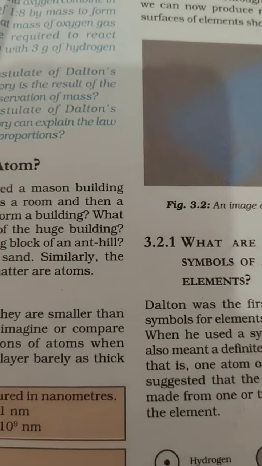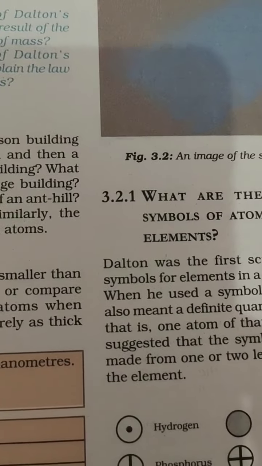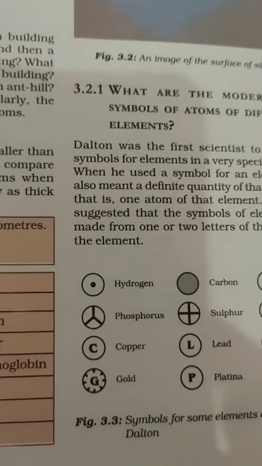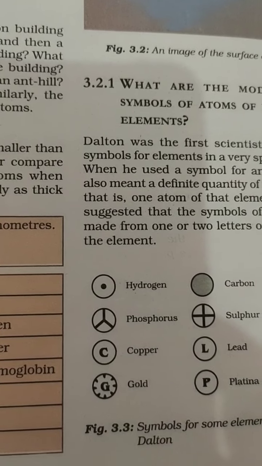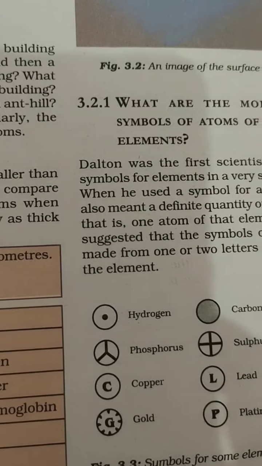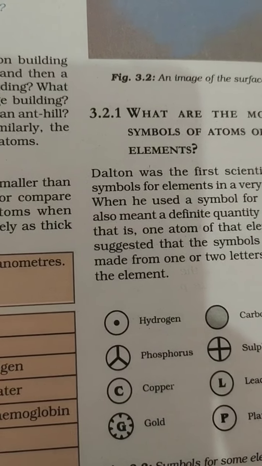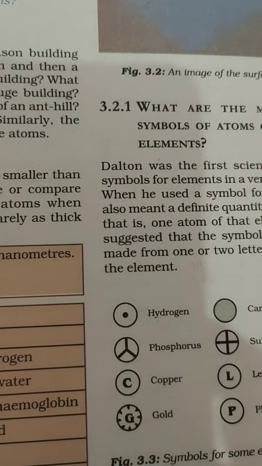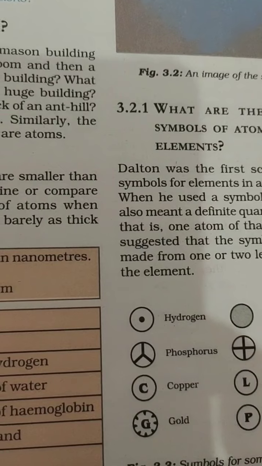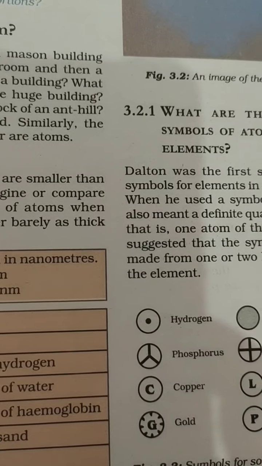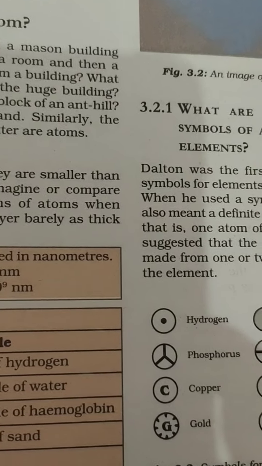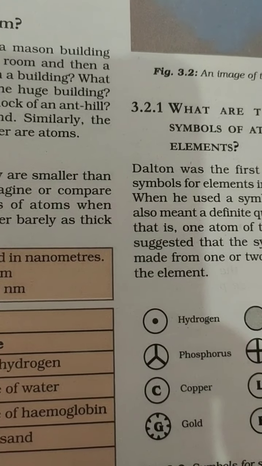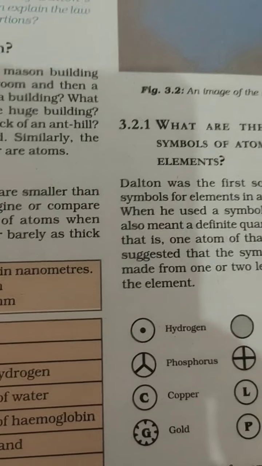Actually, chemical reactions are very, very big, and we can't write the whole name again and again all the time. So in order to make these equations shorter, symbols were used. These symbols are different for different elements, and they define what kind of atom it is.